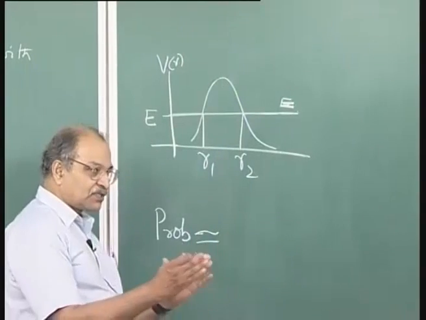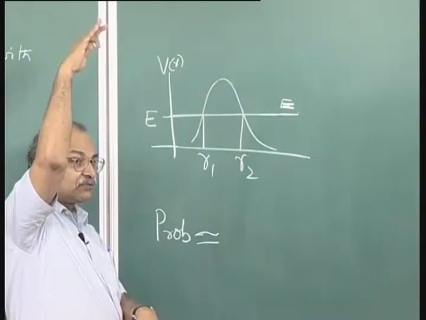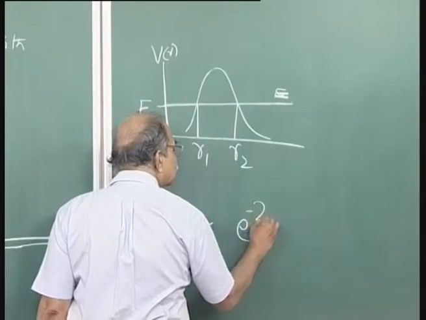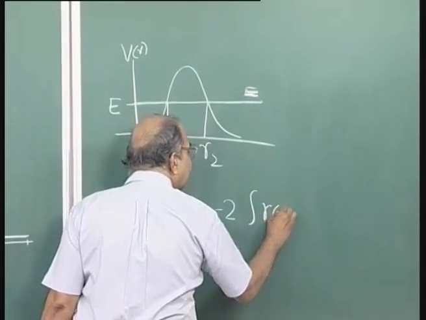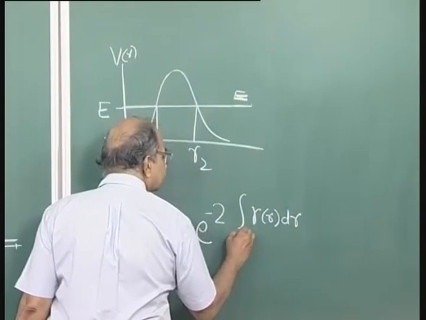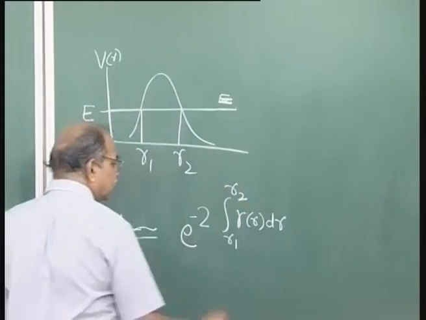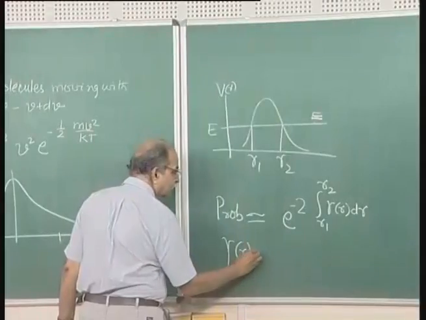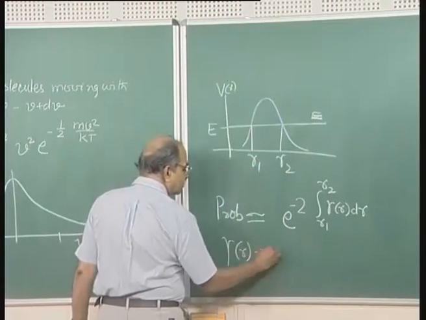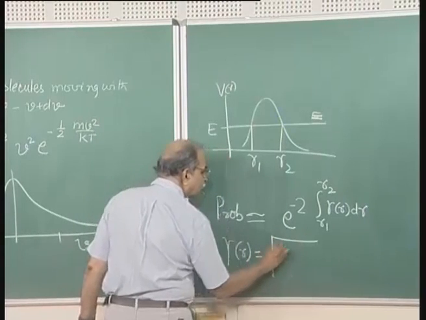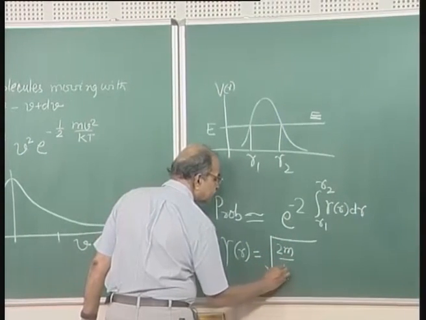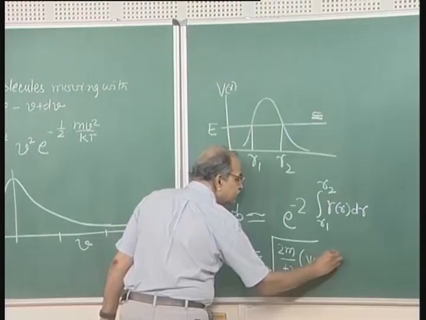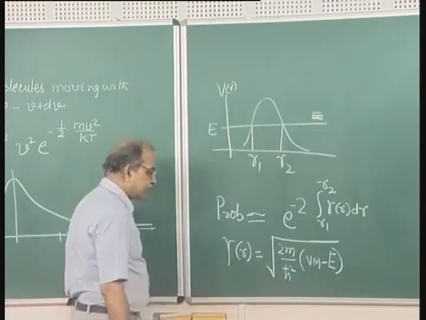So, in that approximation, when the barrier height is too big, this probability is e to the power minus 2 integration gamma(r) dr from R1 to R2. And what is this gamma(r)? This gamma(r) is square root of 2m by h cross square times V at r minus E.